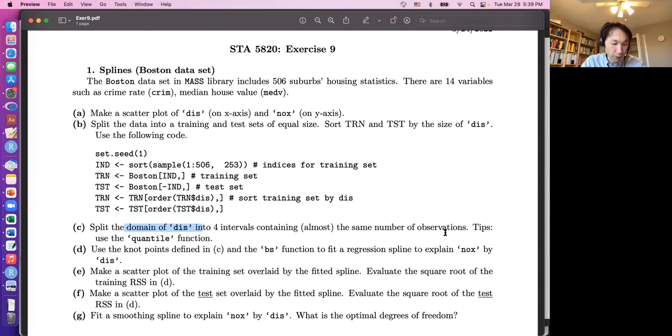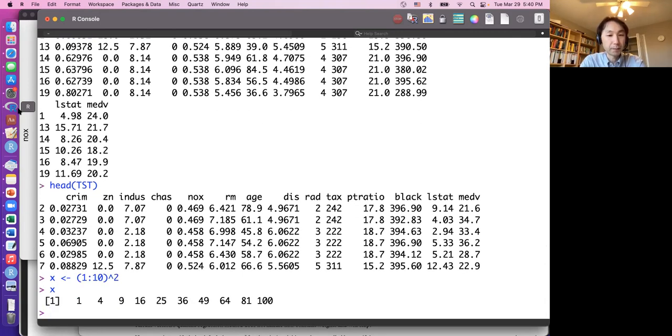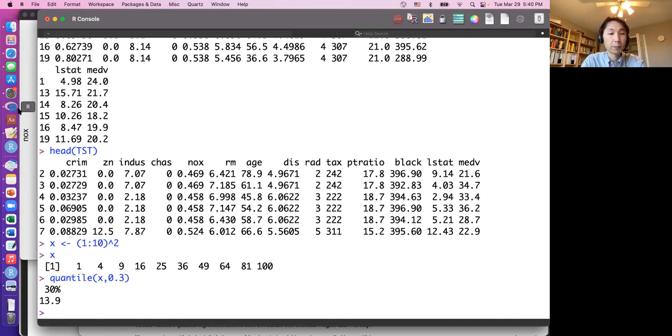And then we want to fit the spline. For splitting the data, maybe you can use the quantile function. This is just an example. If x is this, then the quantile of x at 0.3 is 13.9, because 0.3 means 30% of observations are below this point.